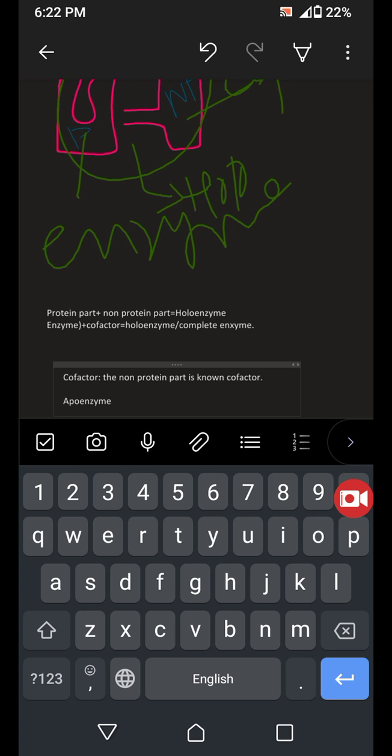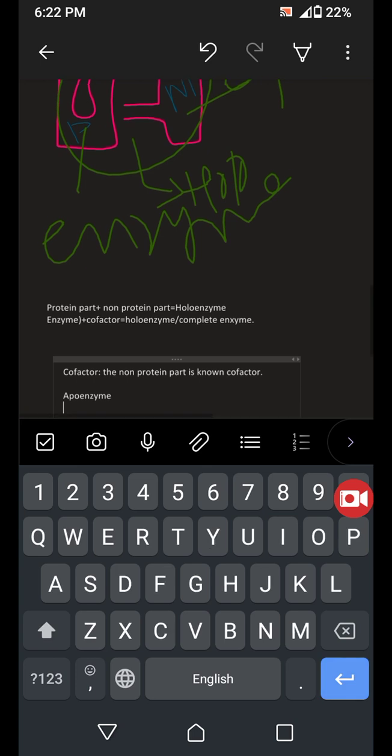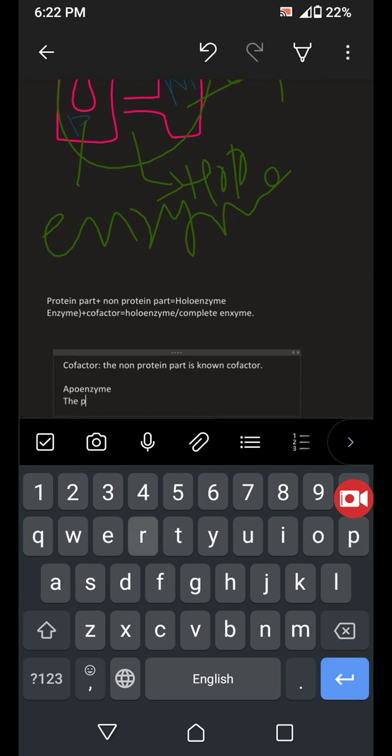Okay. The next term that we have is apoenzyme. The protein part of the holoenzyme is known as the apoenzyme or apoprotein. The protein part or the enzyme that is attached with the cofactor in the holoenzyme is known as the apoprotein or apoenzyme.